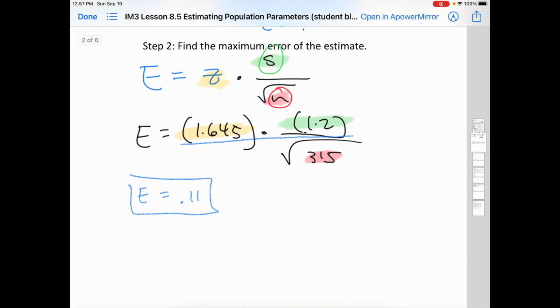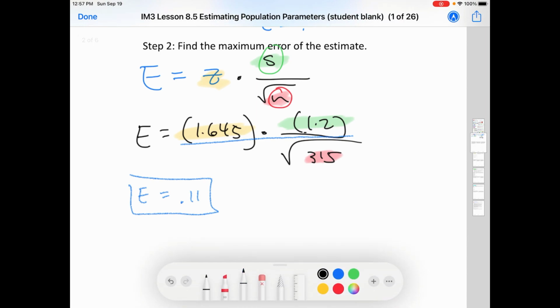And then we can write a sentence to kind of help us understand what is happening here.